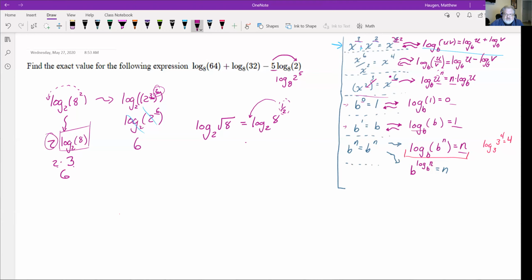Ding, ding. So 1/2 times log base 2 of 8? Absolutely. What's log base 2 of 8? 3. We just turned something as nasty as a square root into multiplying by 1/2? You better believe we did.